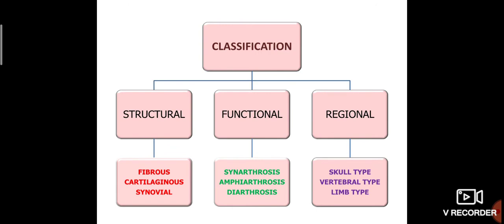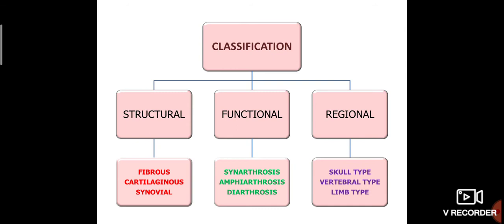Regarding its classification, we can divide the joints into three different types based on structure, function and region. Based on the structure, while forming a joint, the two bones are connected by either a fibrous material or a cartilage.